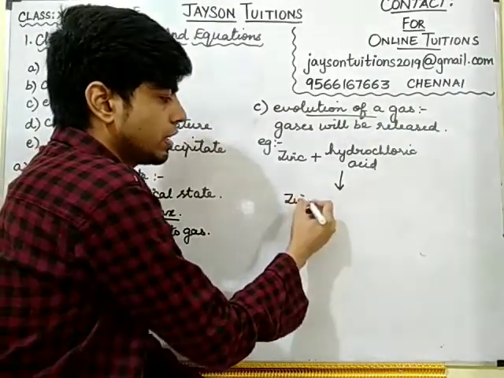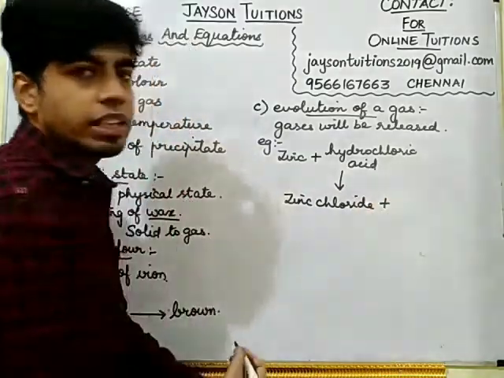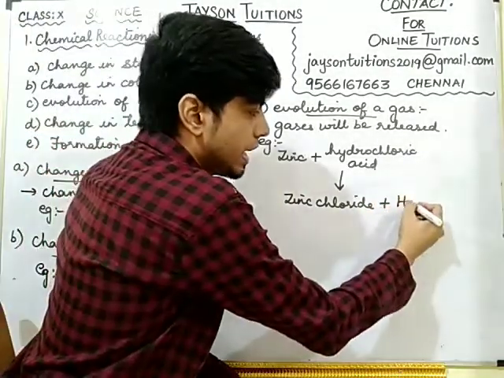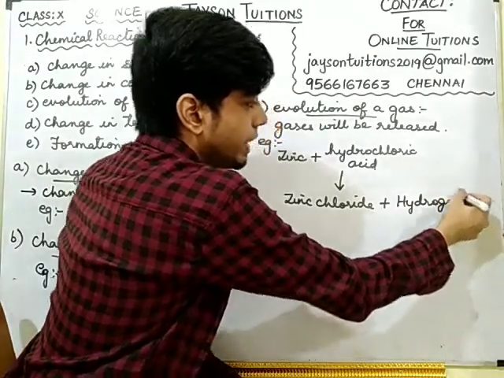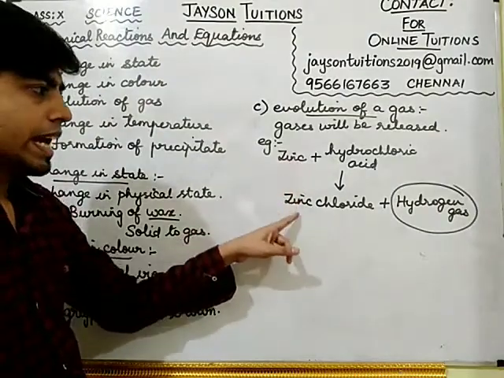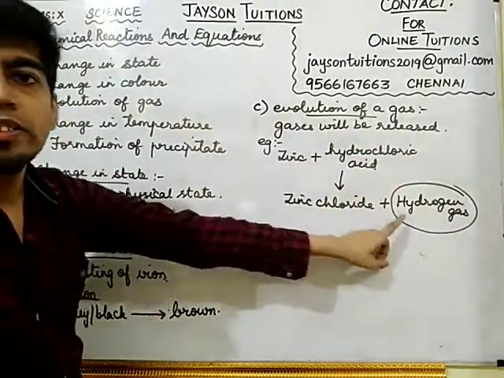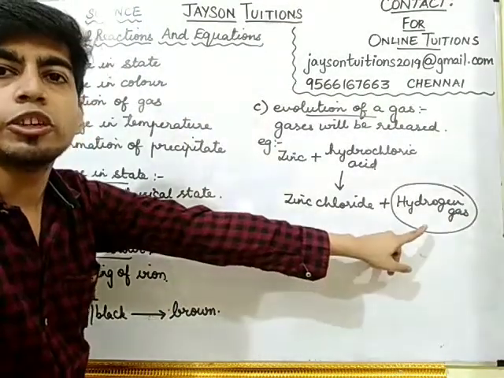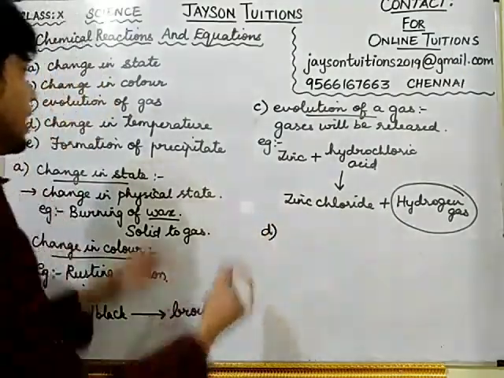You will get zinc chloride, and along with this, hydrogen gas will be released. Which gas will be released? Hydrogen gas will be released. So this reaction is an example for evolution of gas. So whenever there is evolution of gas, you can say that a chemical reaction has taken place.